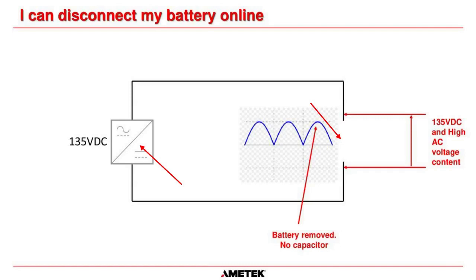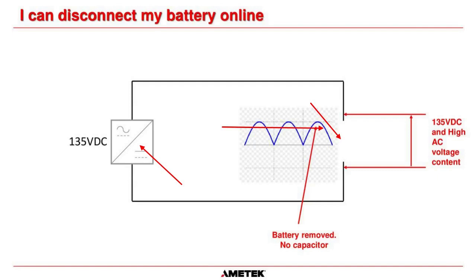By capacitance, I mean two plates very close together, separated by a gap, which becomes a capacitor. We've removed that capacitance internal to the battery that was smoothing out the DC to that line around that value there.